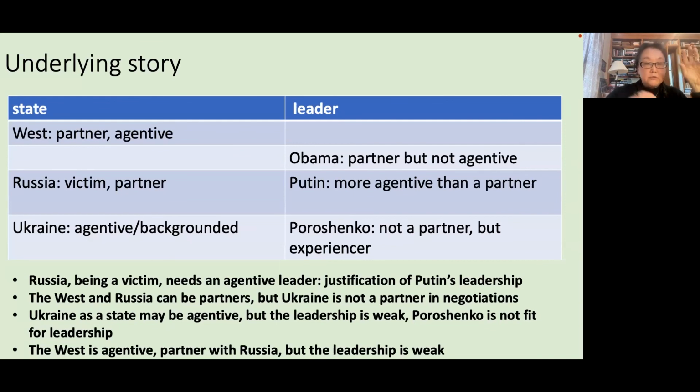You can arrive at an interpretation that, okay, well, Poroshenko is not a fit leader, a weak leadership. So here we can see that there are implicit narratives that you can extract from a multitude of texts.